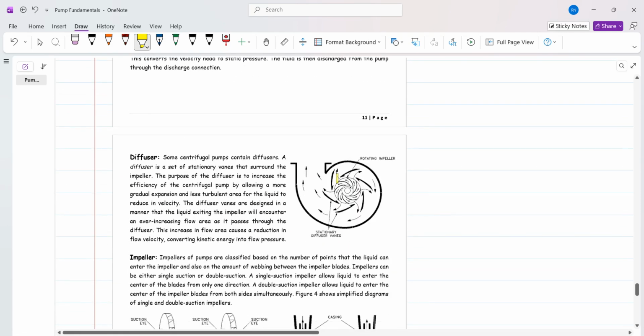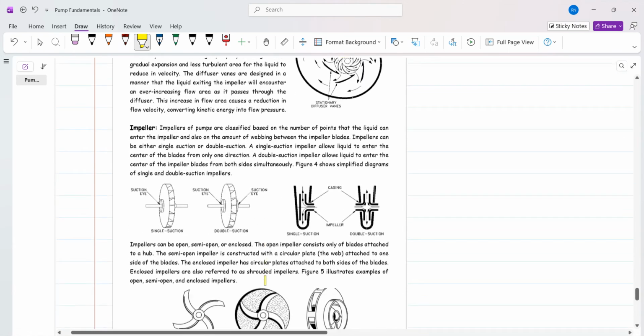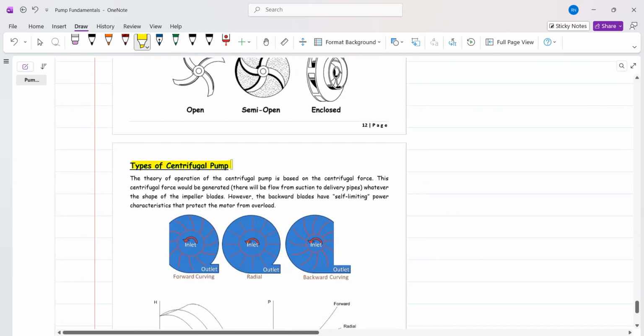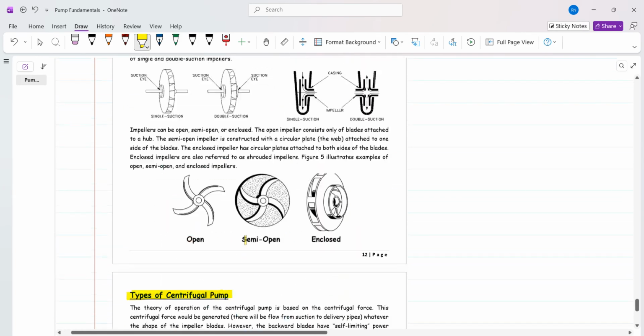The diffusers are used to give the direction to the fluid in the rotating direction, so that it discharges the fluid. We are going to discuss the types of centrifugal pump.